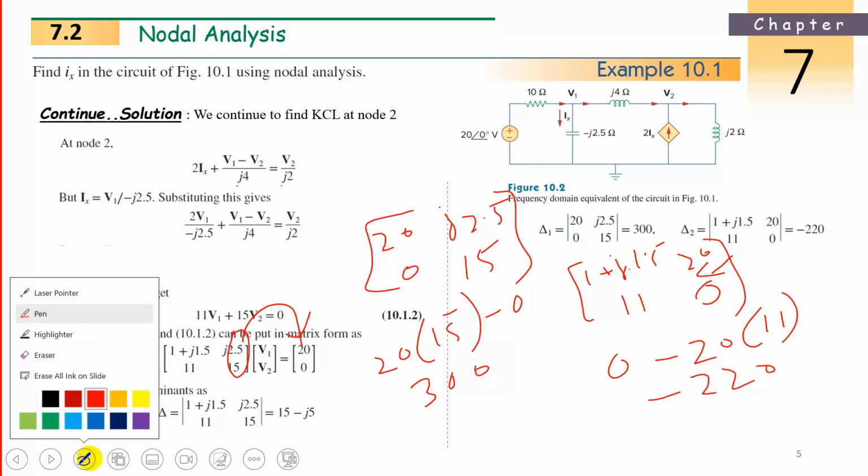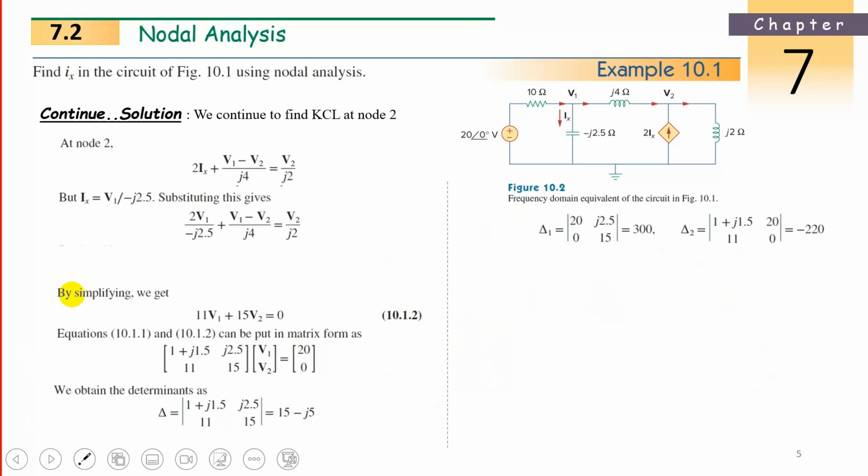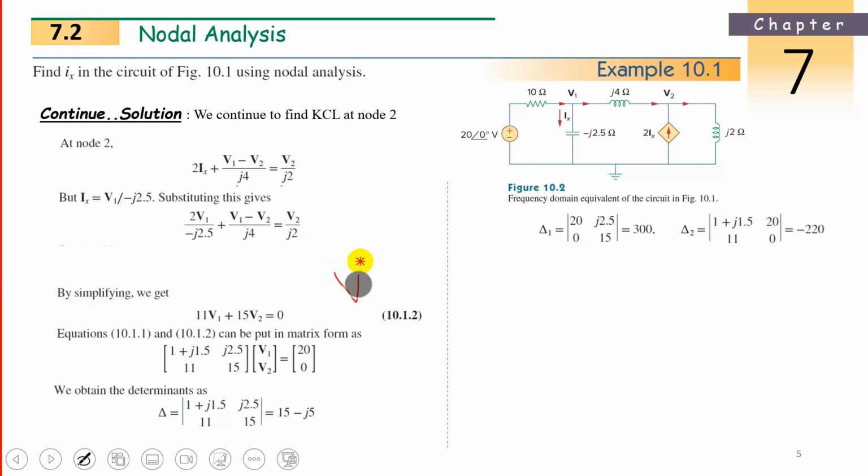So once you get this, what do we have to do? We got delta 1, delta 2, we got delta. So what do we need? V1. What is V1? V1 is equal to delta 1 divided by delta.